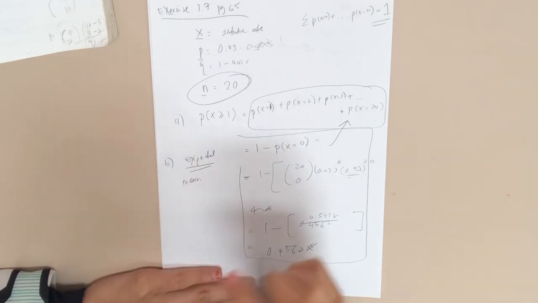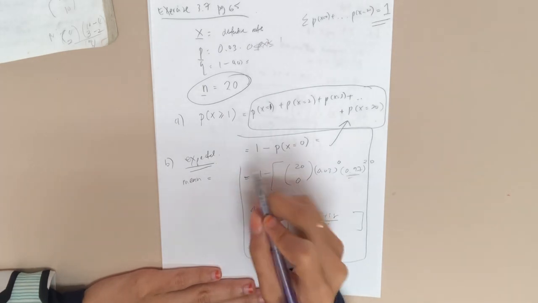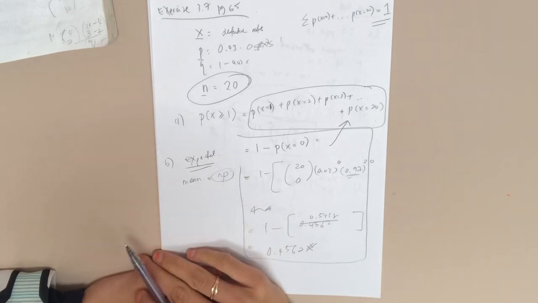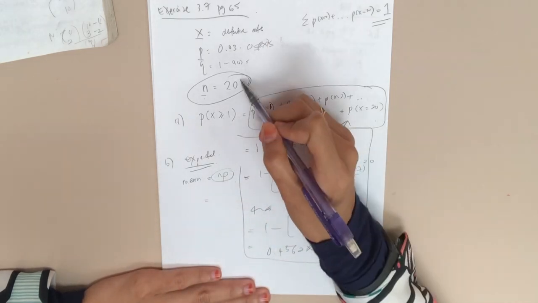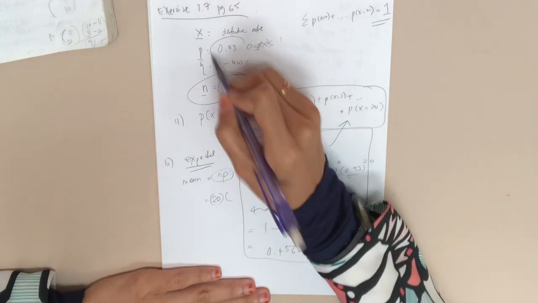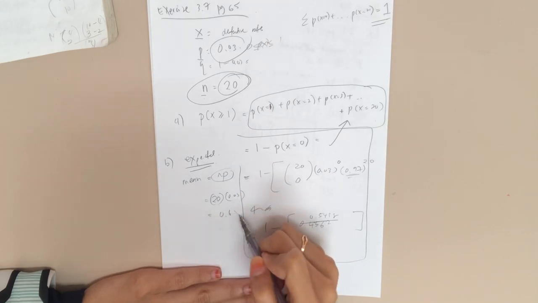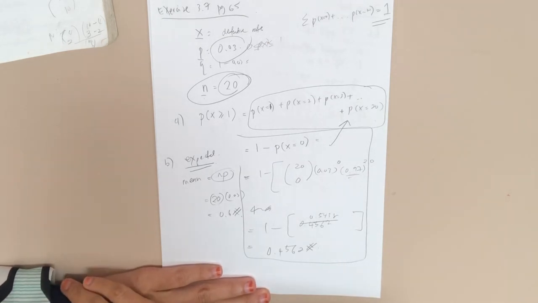So we want to find the mean. Mean for binomial is equal to what? np. This is the formula for the mean of a binomial distribution. Just substitute the values here. Your n is 20. What is your p? Your p is 0.03. Therefore, the answer is 0.6. Easy, right?